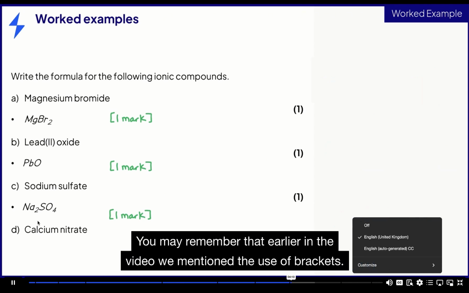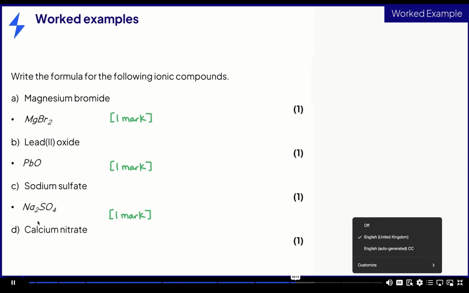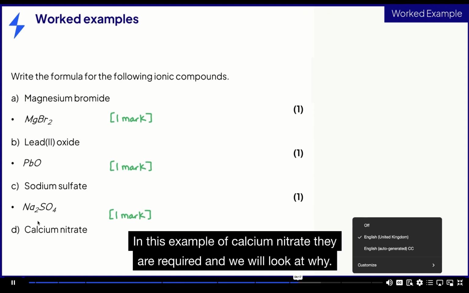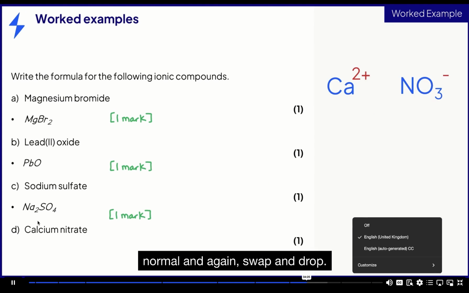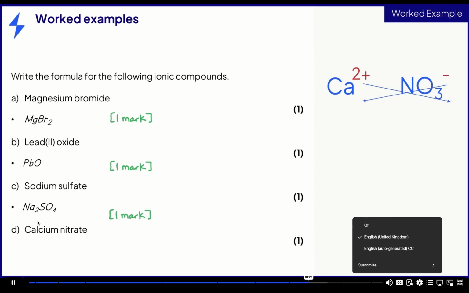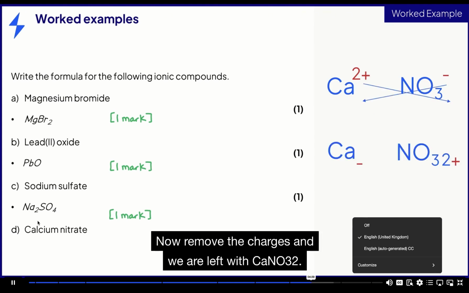You may remember that earlier in the video we mentioned the use of brackets. In this example of calcium nitrate, they are required, and we will look at why. Start by writing down the ions for the calcium and nitrate as normal, and again, swap and drop. Now remove the charges, and we are left with CaNO3,2.